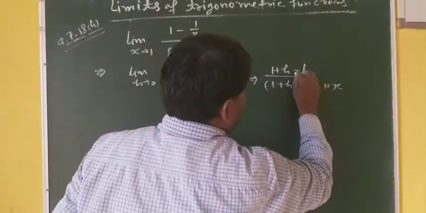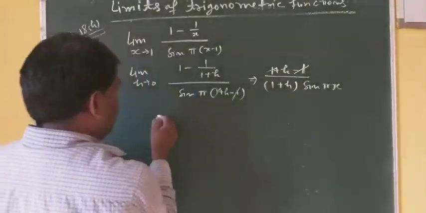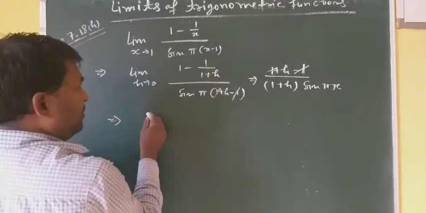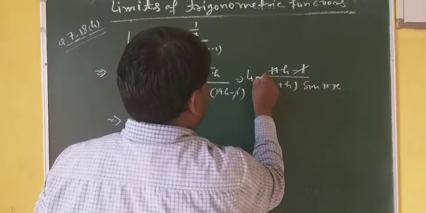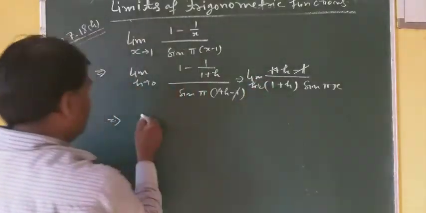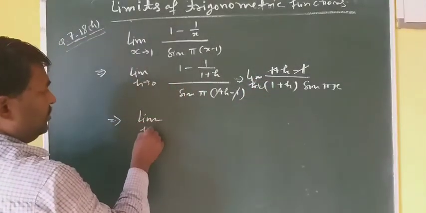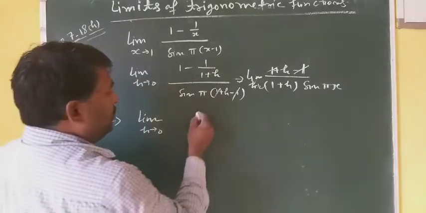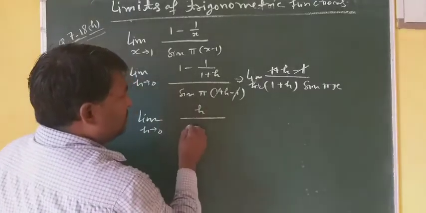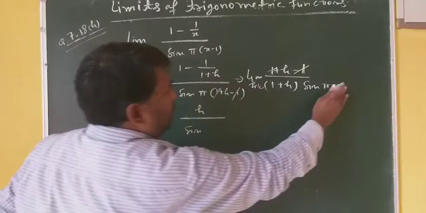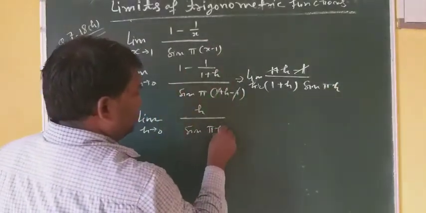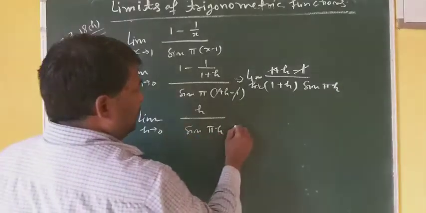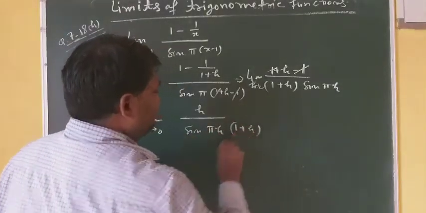Here this 1 cancels out, so limit will still be there. Limit h tends to 0, h upon sin pi h, into 1 plus h.